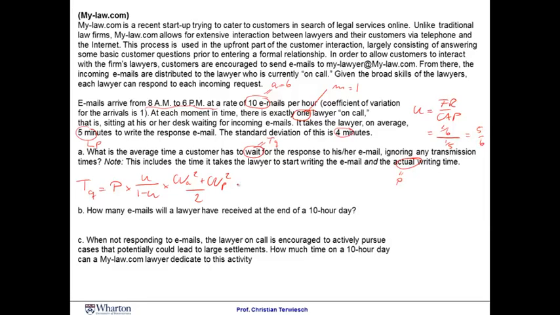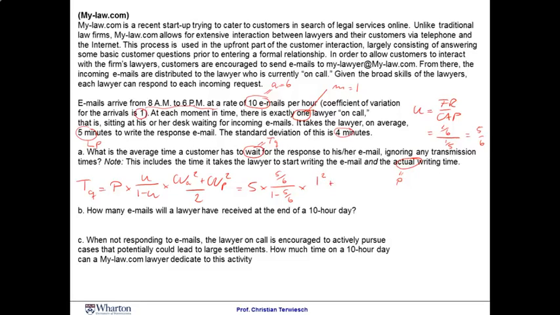That means here I have P equals 5 times U, 5 over 6, divided by 1 minus 5 over 6, times, okay, CVA squared. The coefficient of variation of the inter-arrival time is 1, and so 1 squared stays a 1.